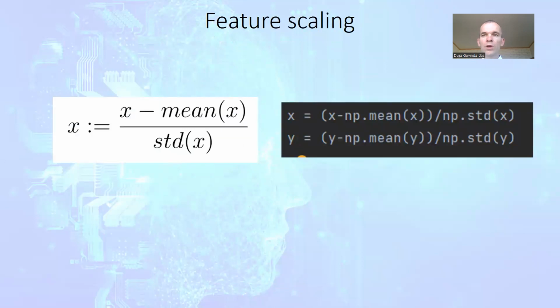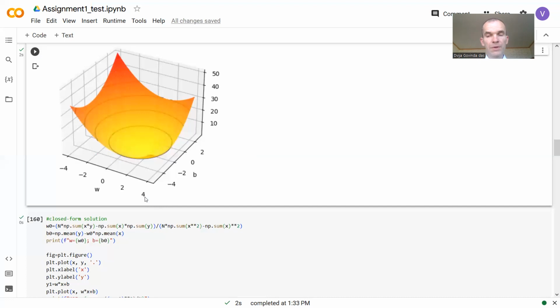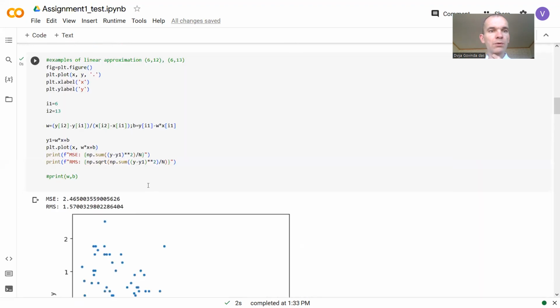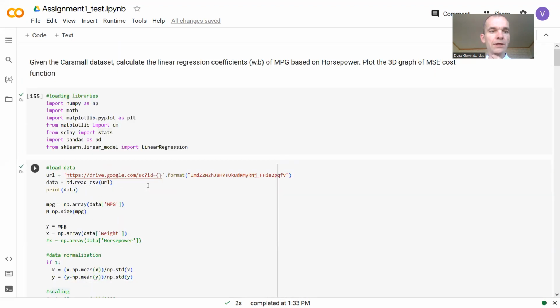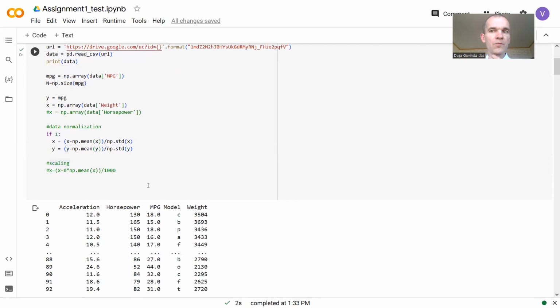Also, one important point which I didn't mention: to build this surface, we had to scale our features, scale data X, because without data scaling, this surface for the cost function would not be so distinct.